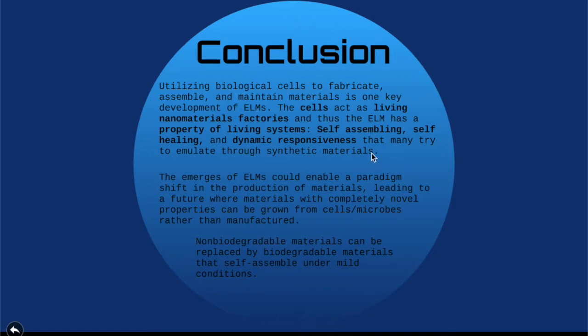And the key for the ELM is they are using biological cells to fabricate, assemble, and maintain materials. And that is one of the key developments. And by doing this, ELMs could enable the paradigm shift in production of materials. So instead of using traditional manufacturing, we can use the cells or microbes as our sources. Okay, so this is the conclusion.